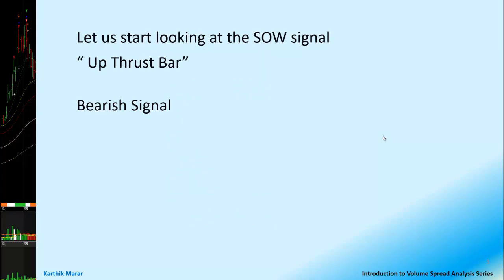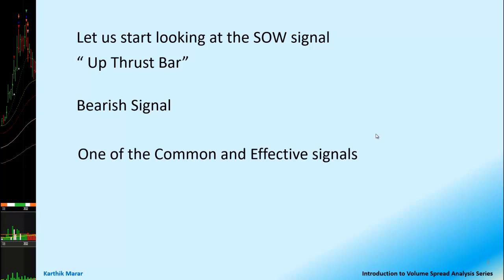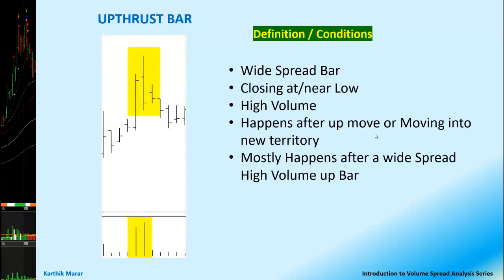This upthrust bar is a bearish sign of weakness. It's one of the most common and effective signals. Now let's try to define what the upthrust bar is. An upthrust bar is a widespread bar closing at or near the low.